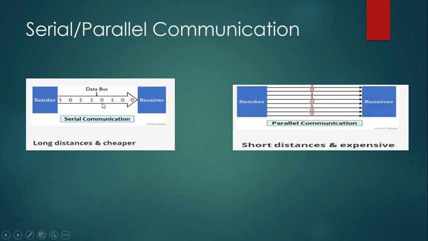This is cheaper as only one wire is required, and it can be used for long distances. But in parallel communication, multiple bits can be transferred at one particular time. As it requires many wires, it becomes expensive and can only be used for short distances.